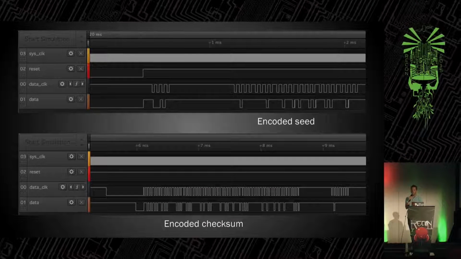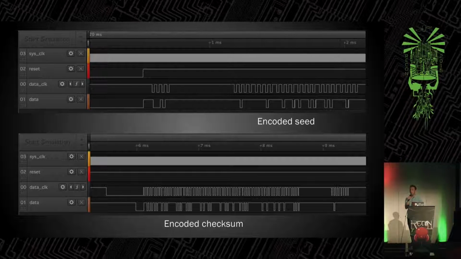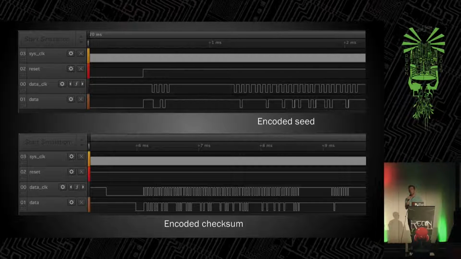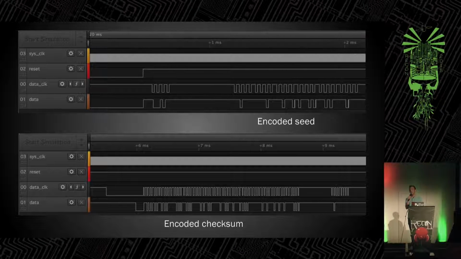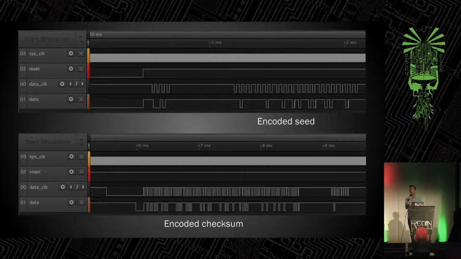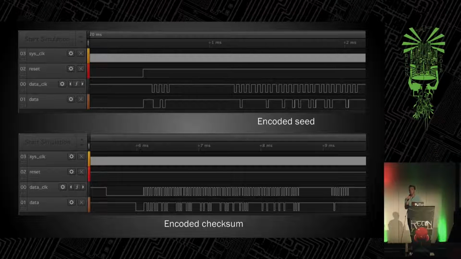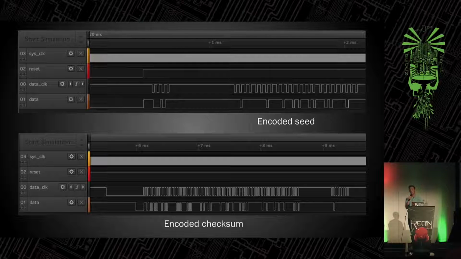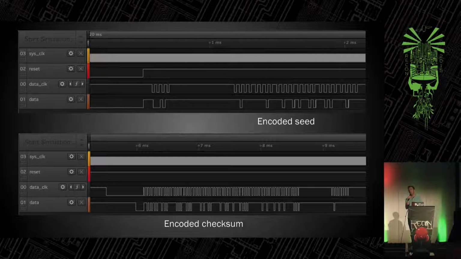And now the other thing is, we had this encoded seed and this encoded checksum. So with these data sheets, there was an opcode called DTA, and depending on which data sheet you were looking at, it did something different. For example, in one of the chips, it would drive LCD drivers. In another chip, it would drive analog digital converters.